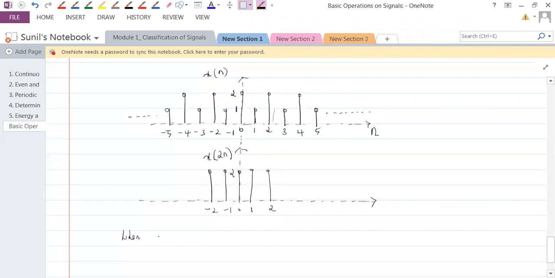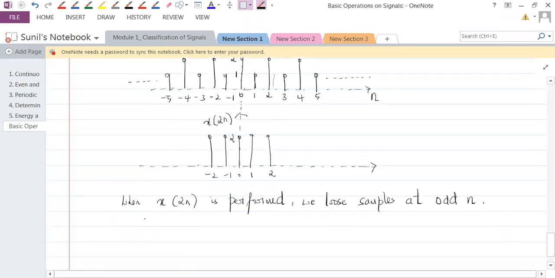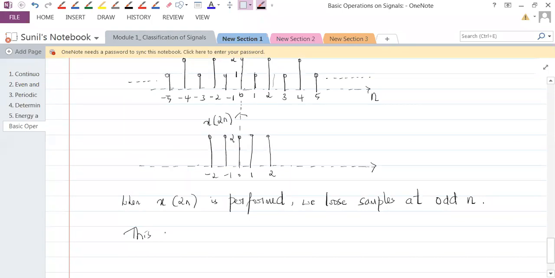When x of 2n is performed, we lose samples at odd n. So this is loss of information.